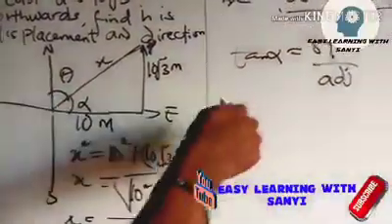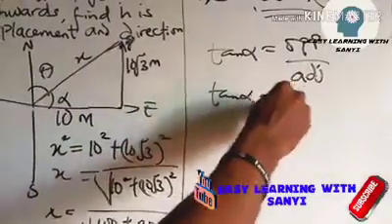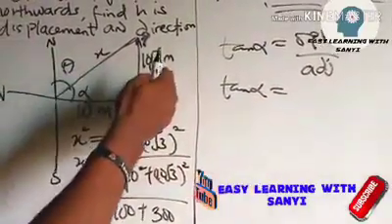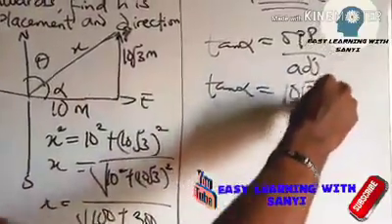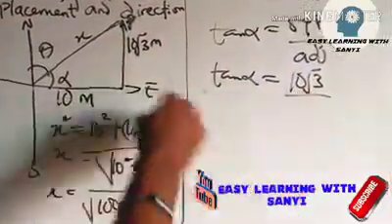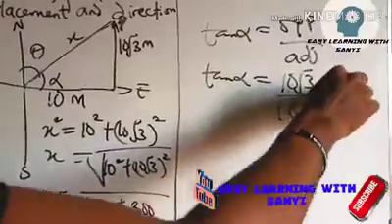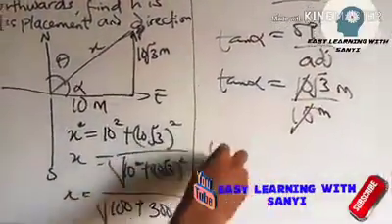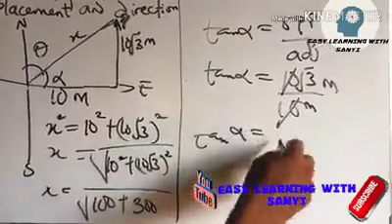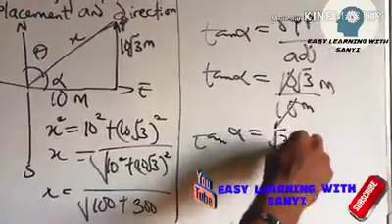The side opposite to alpha is 10√3, and the side adjacent to alpha is 10 meters. When 10 cancels 10, we have tan alpha equals √3.